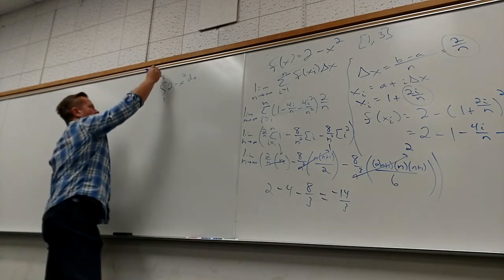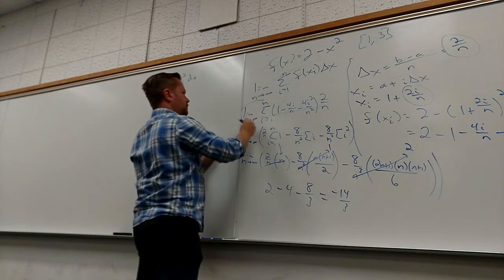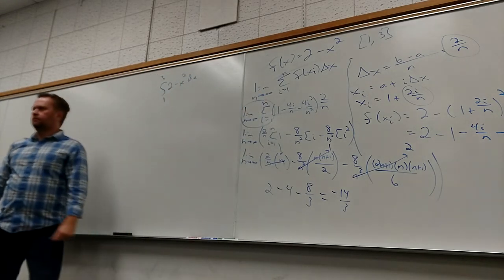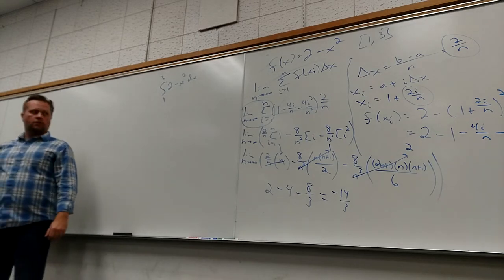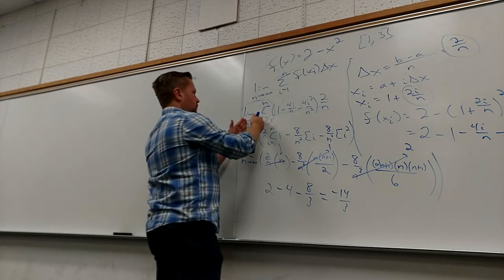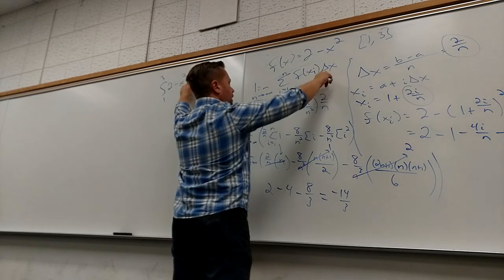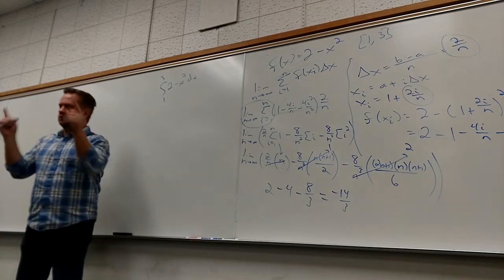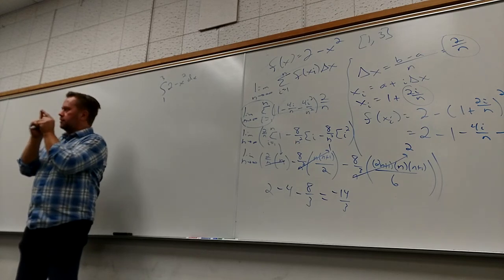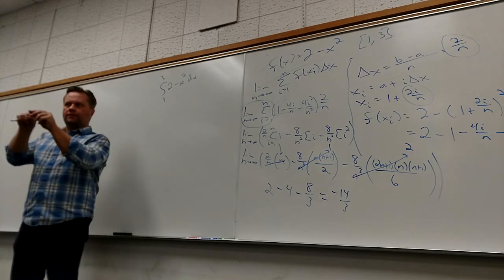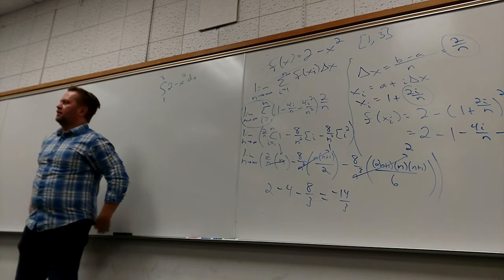Where does this symbol come from? This symbol represents the infinite sum. So it's the integral of the function dx. Because what happens with delta x when I have an infinite number of rectangles, it goes infinitesimally small, which would be represented by dx. Delta x is bigger than infinitesimally small.